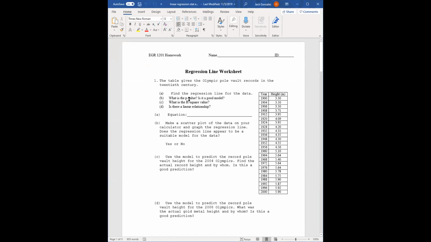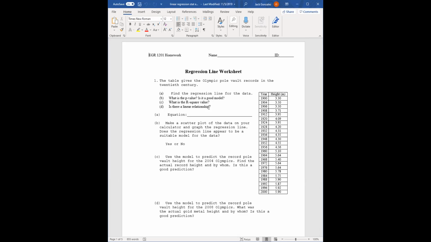So they will ask you for what is the p-value for the model, right? And then you'll determine is it good. You'll write in the R-squared value, and that will tell you how good of a linear relationship you have. And remember, linear relationship is determined by how close that value is to 1 or -1. If it's really close to 1, then you have a positive linear relationship.